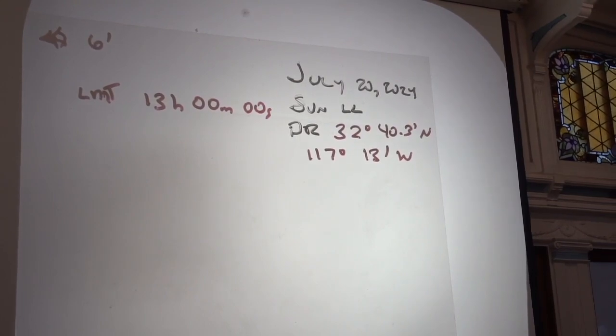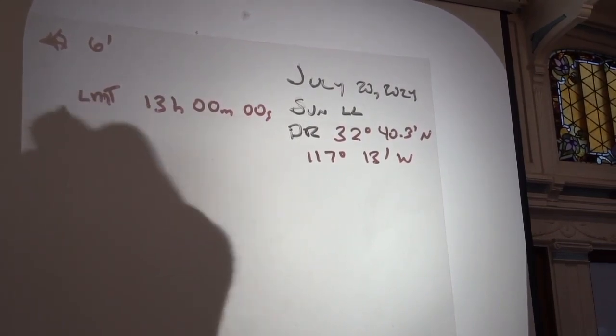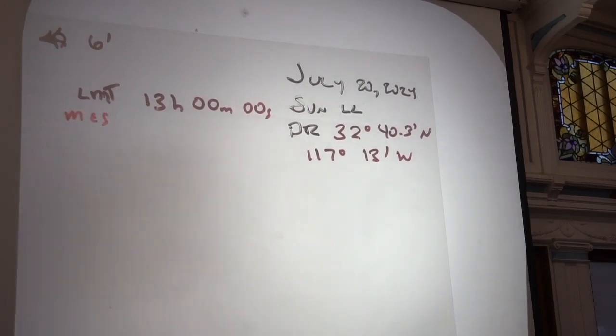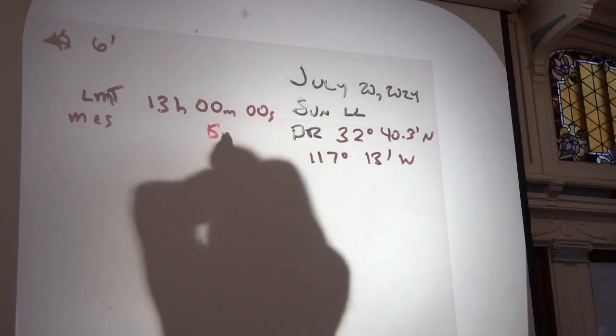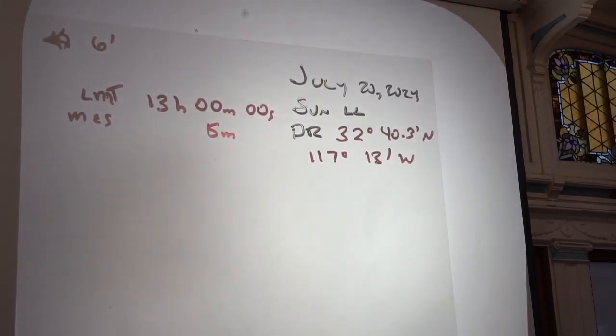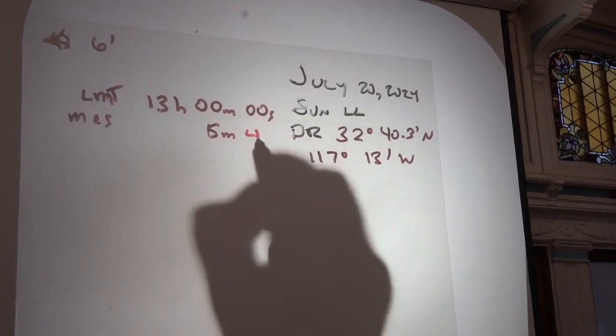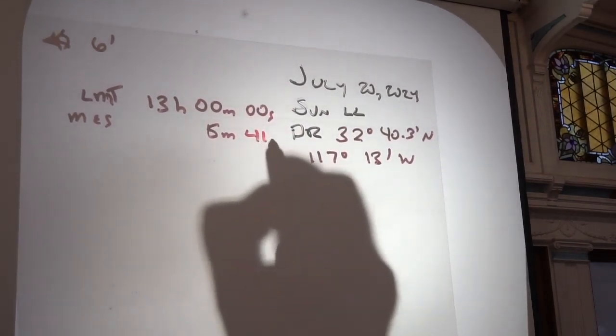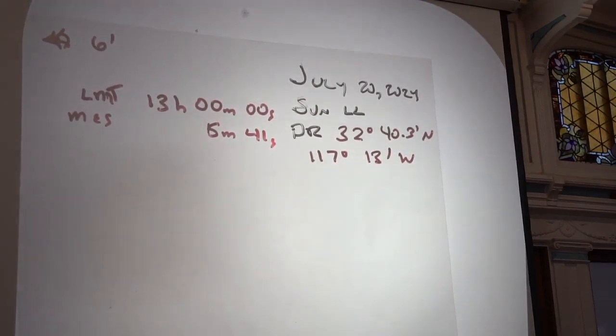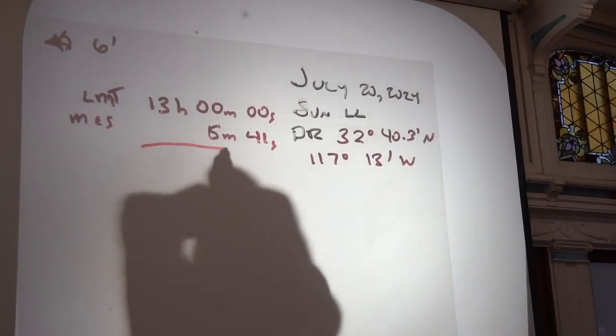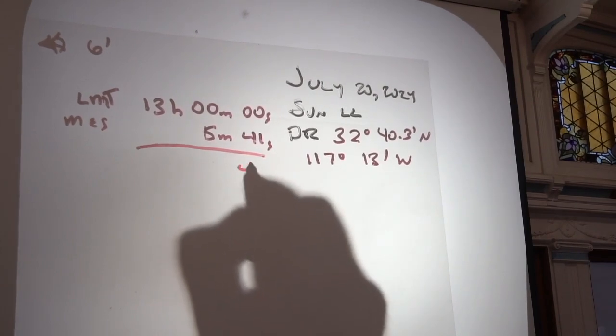The minutes and seconds in addition to that, M and S, is 5 minutes, 41 seconds, which gives us local mean time.